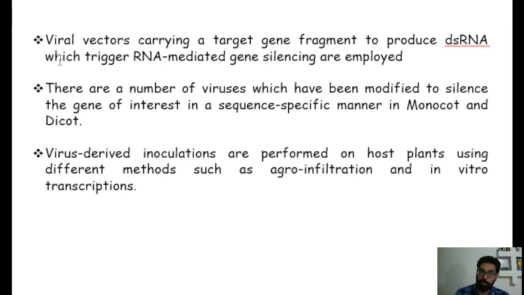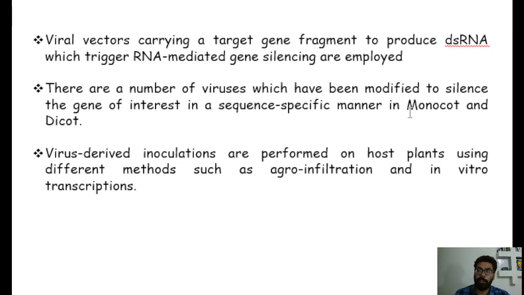So in virus-induced silencing, we are using viral vectors for our targeted gene silencing. There are different viruses which can be modified for the silencing of different genes in a sequence-specific manner. As you know, monocots are infected by different types of viruses, as well as dicots.